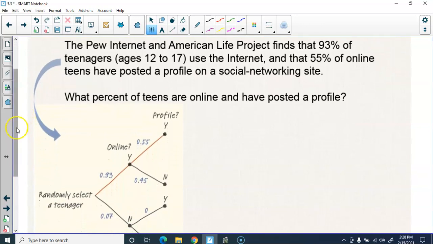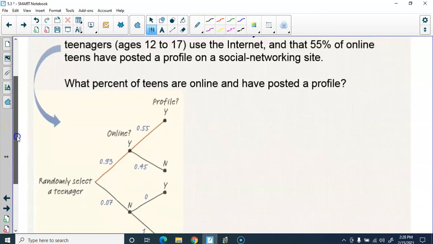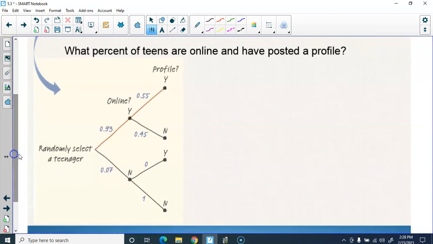So looking at another similar example, the Pew Internet and American Life project finds that 93% of teenagers use the internet and 55% of online teens have posted a profile to social networking sites. What percent of teens are online and have posted a profile? So here with our tree, first we have a teenager. And our first question is, are you online? Yes or no? If yes, 93%, no, 7%.